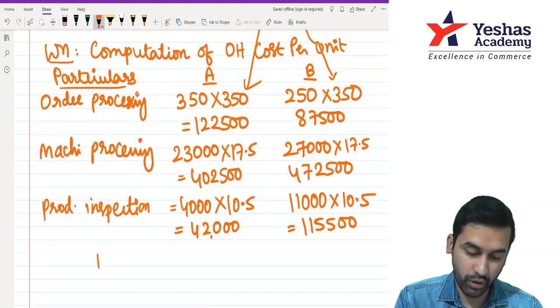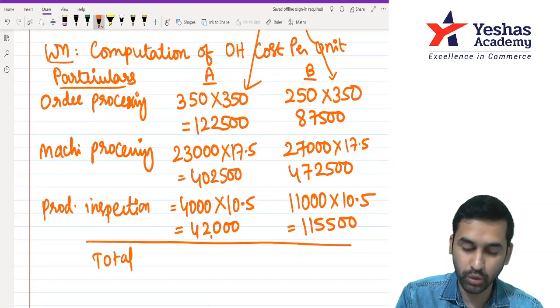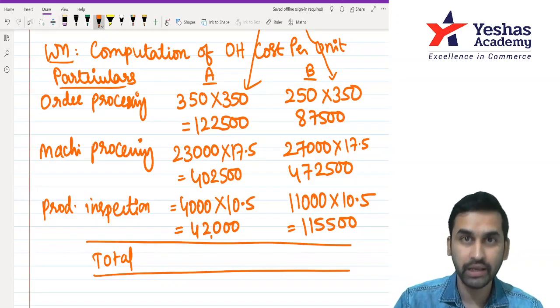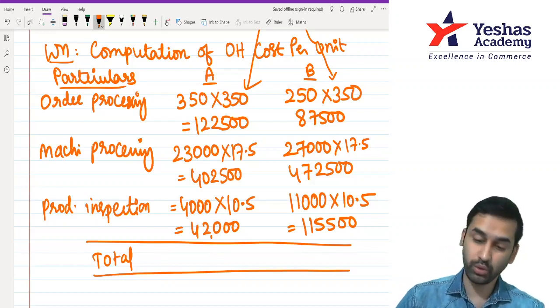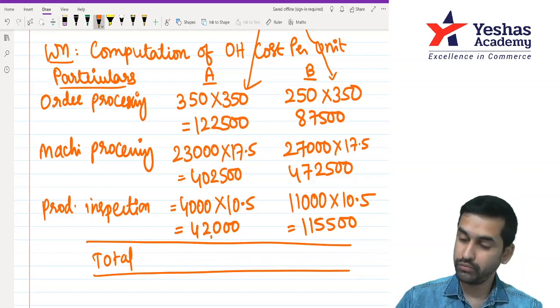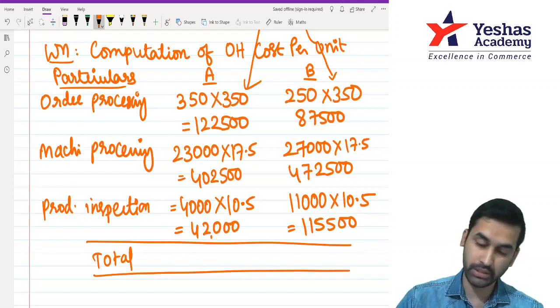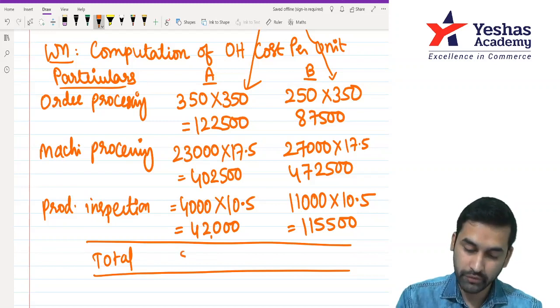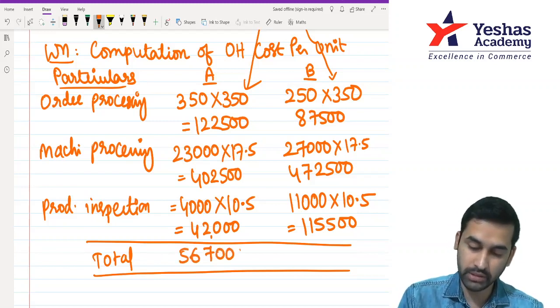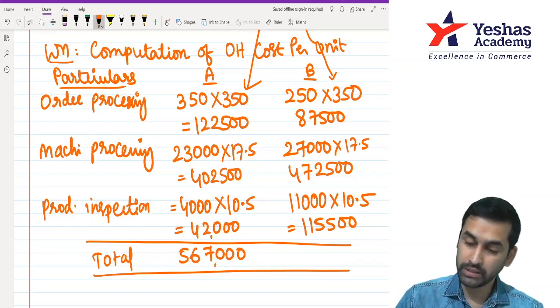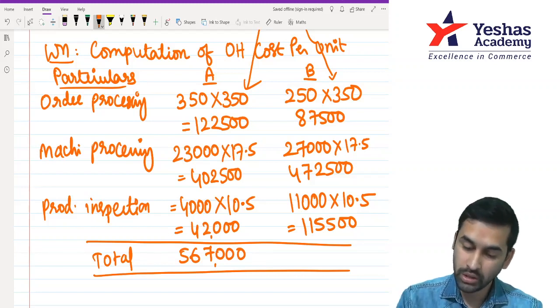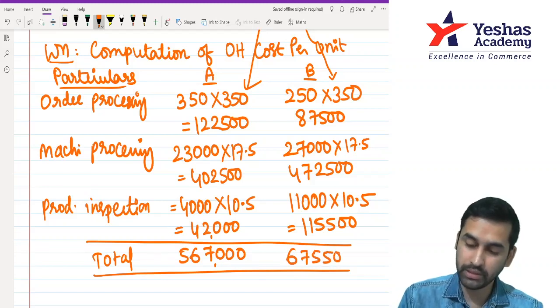Now if I add all this, I will get total overheads for product A and product B. Let me add it. 122,500 plus 402,500 plus 42,000 is 567,000. 87,500 plus 472,500 plus 115,500 is 675,500.